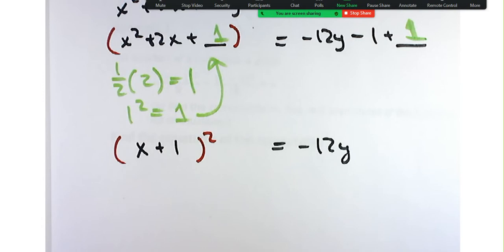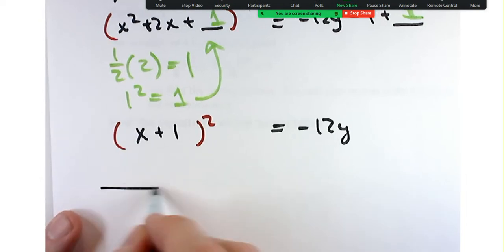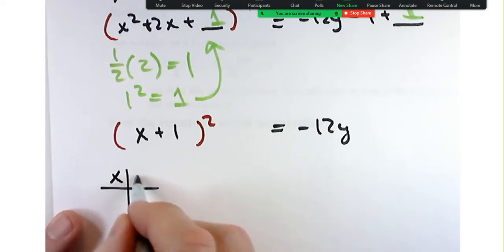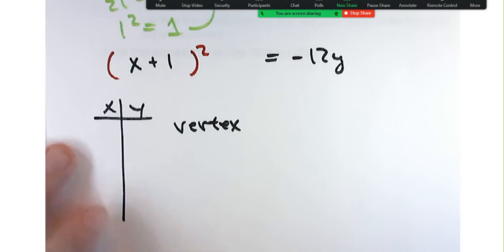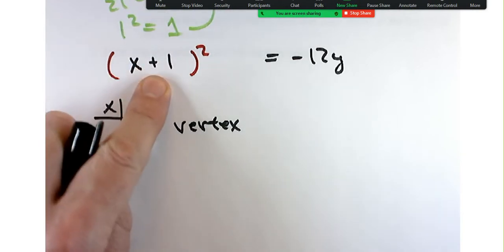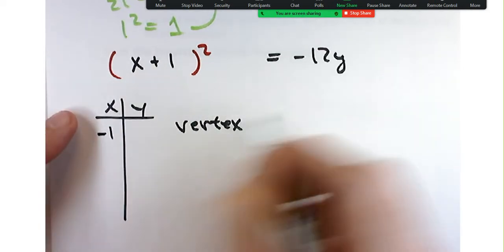So this is in the right form for us to start working with it and determining, say, the vertex. So let's do a little t-table here, our vertex. And I always suggest that we start by making the squared term equal to 0. What value of x would I put in here to make that equal to 0? Negative 1. Thank you. So negative 1.